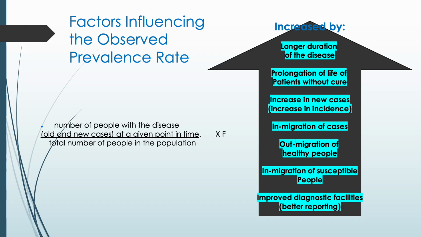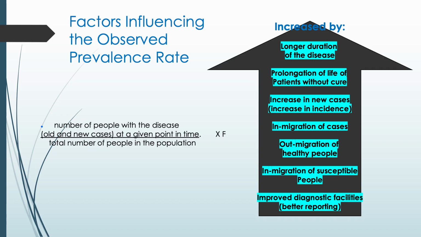Here are the factors influencing the observed prevalence rate. Again, we have to keep in mind our numerator, which is the number of people with the disease, old and new cases at a given point in time, over the total number of people in the population as our denominator.